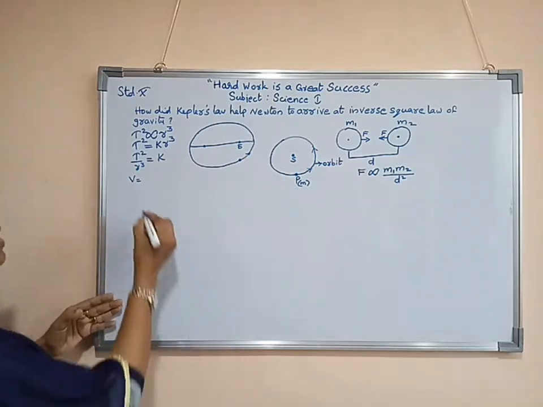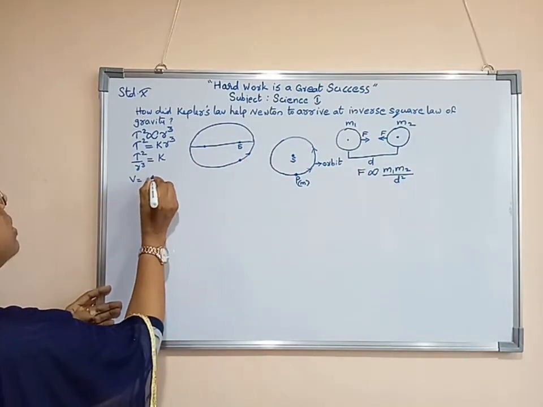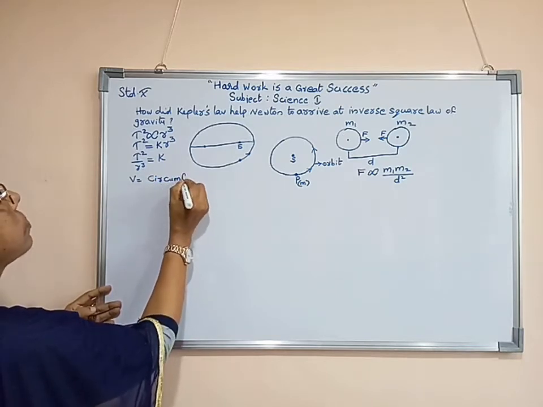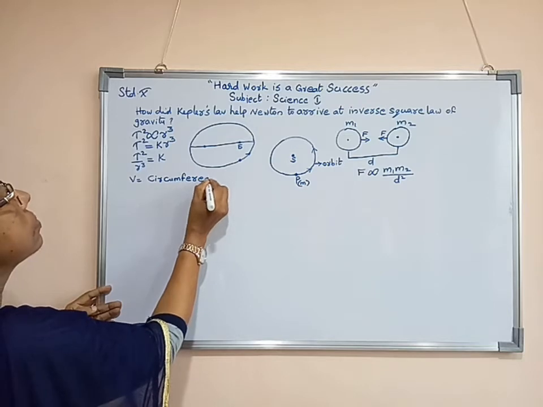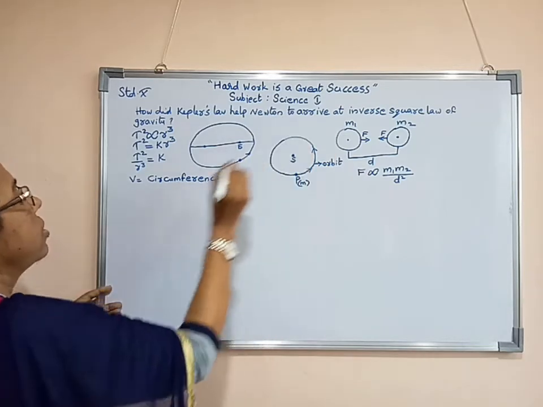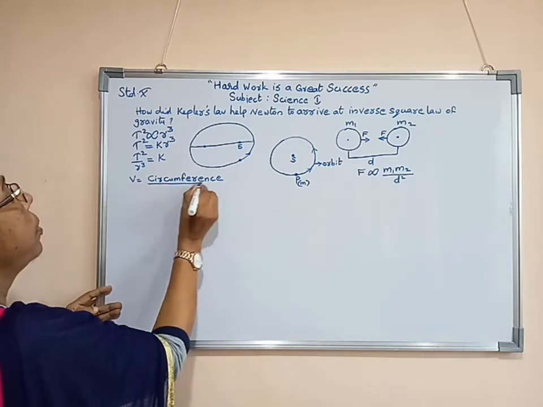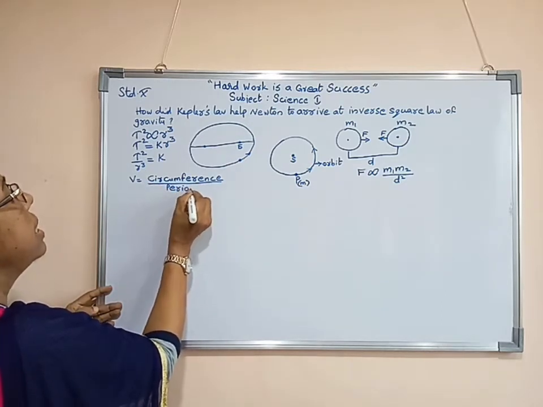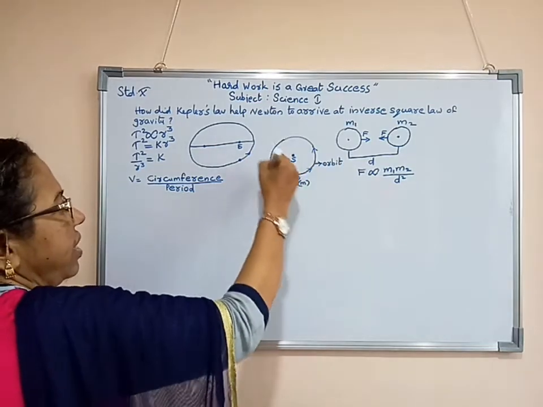For finding that, we have one formula, that is circumference of the circle upon period of revolution. Period means the time taken for revolving around the sun.